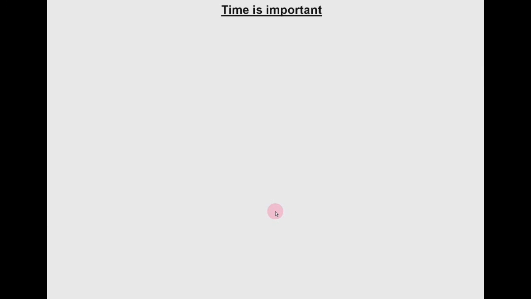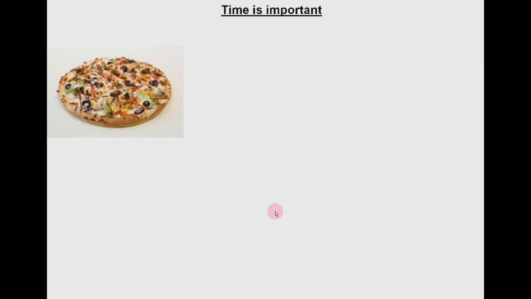Time is also important. Example. During the meal, okay, so the time we are during the meal, we will say, this pizza is delicious.